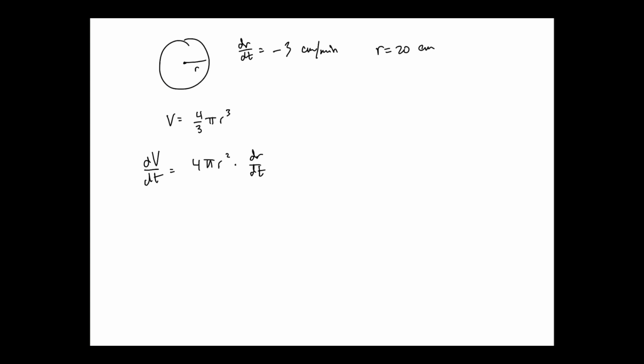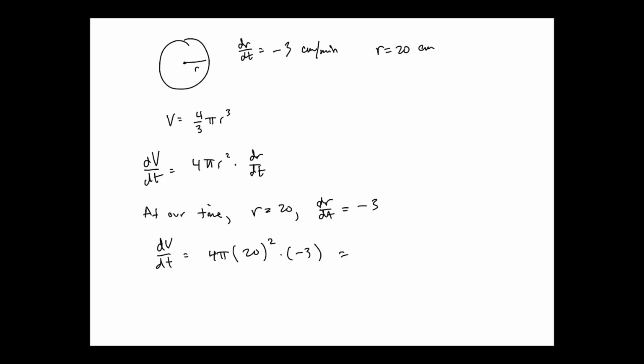Okay, so what's the instant in time we care about? The radius was 20 centimeters, and the rate was minus 3. So the rate of change of the volume is 4 pi times 20 squared times minus 3.